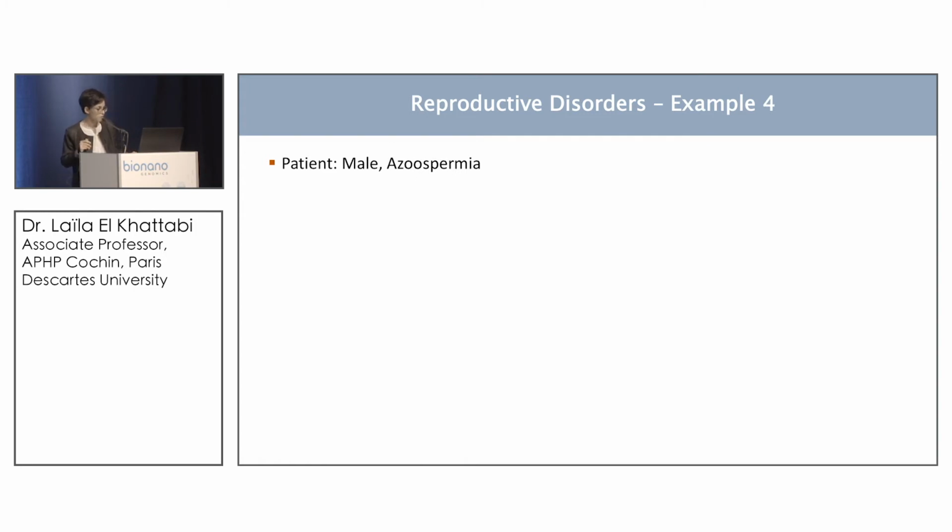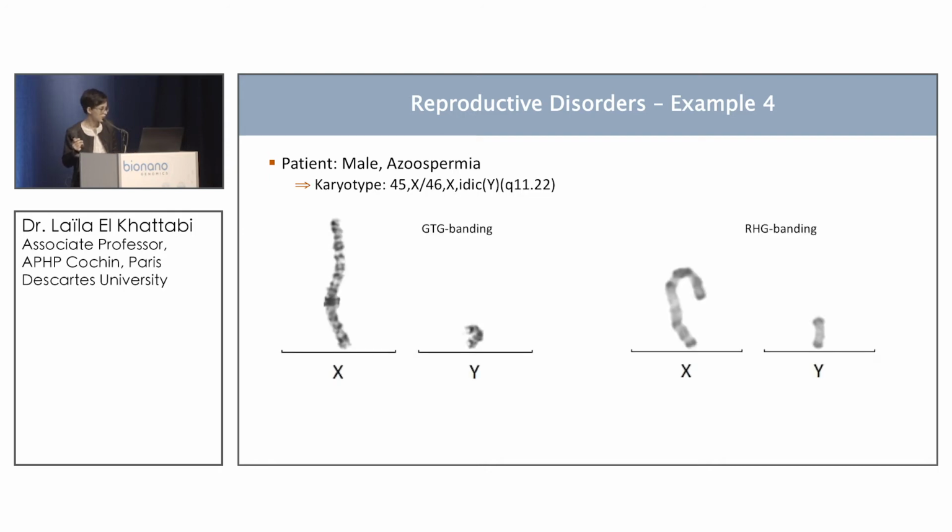Fourth case for reproductive disorders, and the last one for these indications. This is a male, again azoospermia, with a karyotype showing, again, a classical anomaly that you can find with azoospermia. This is a mosaic 45,X/46,X with isodicentric chromosome Y. You can see by G and R banding that it can be tricky, but we noticed it.